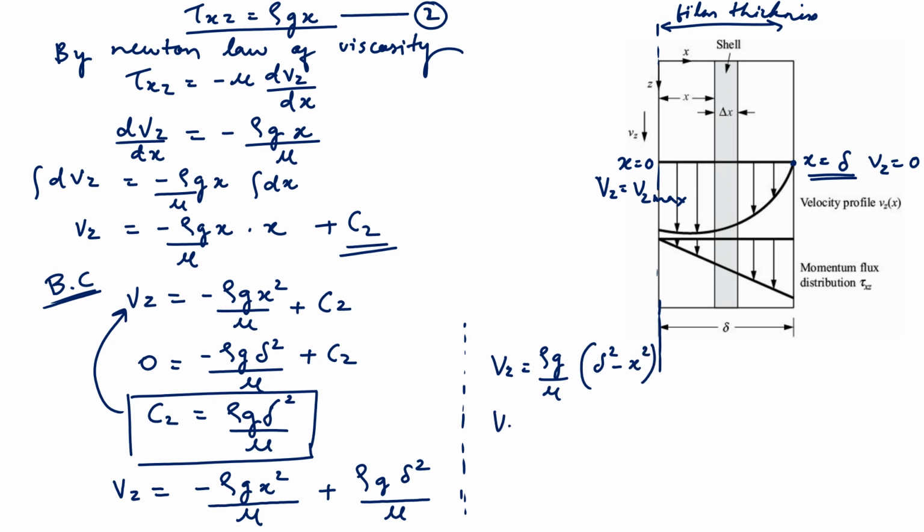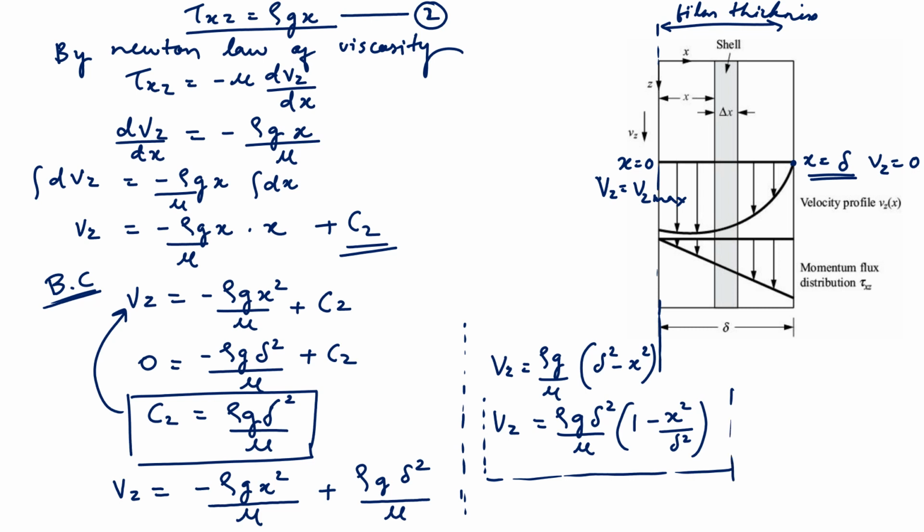If I take delta square out, vz equals to rho g delta square upon mu into 1 minus x square upon delta square. So this is my velocity profile equation, velocity profile in z direction.